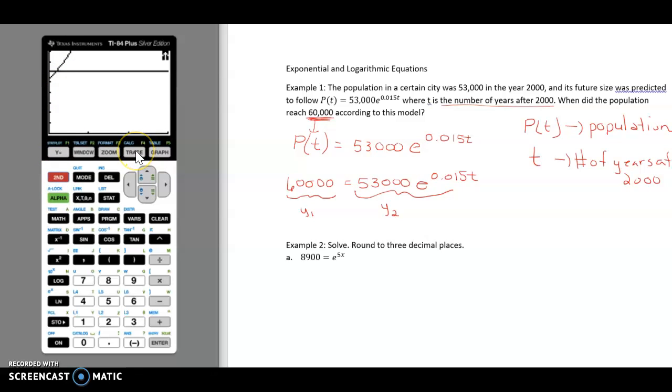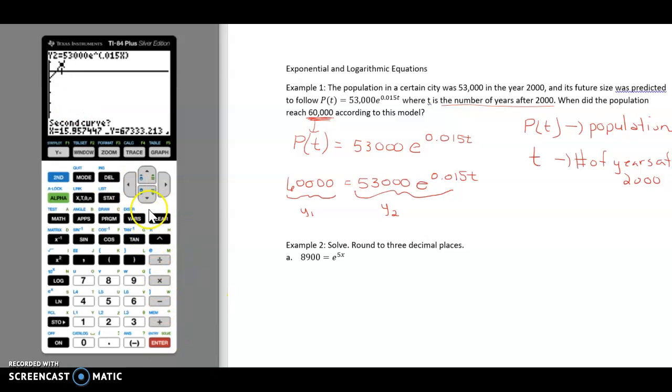So we're going to press second, and we want to calculate something. So you press the trace button and go down to option 5, press the number 5. And you want to press the left or right cursor to get close to that intersection point. It starts off on the first curve, that horizontal line, which is 60,000. Get close to that intersection point, press enter.